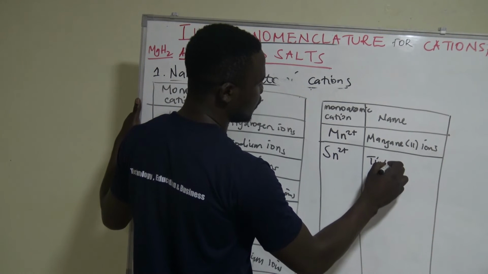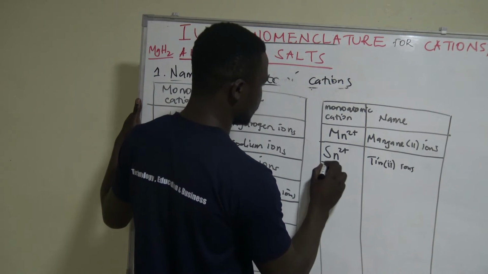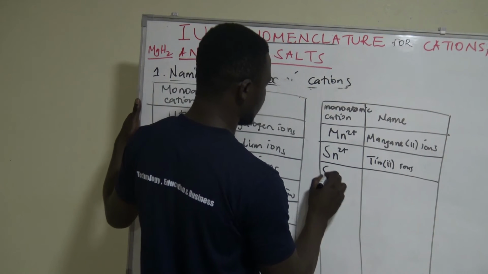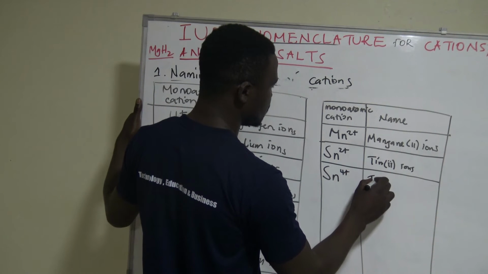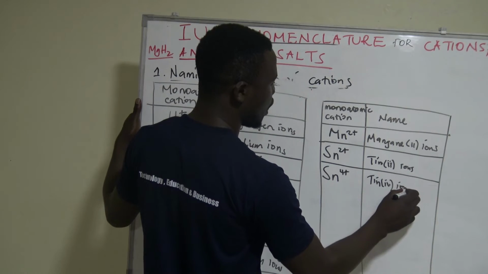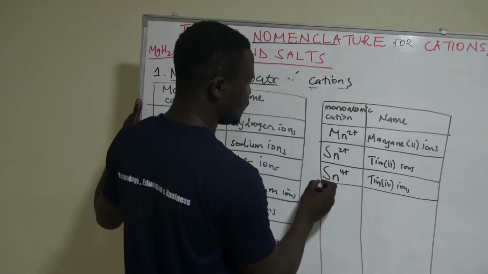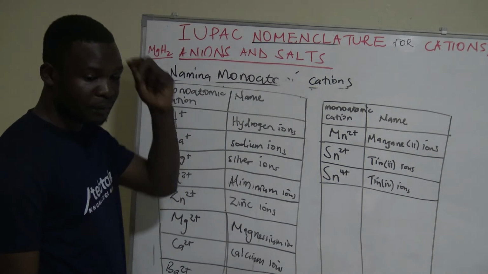So this is tin(II) ions. If we have the same, then this is Sn4. This means this is tin(IV) ions. These are our rules that we follow here.